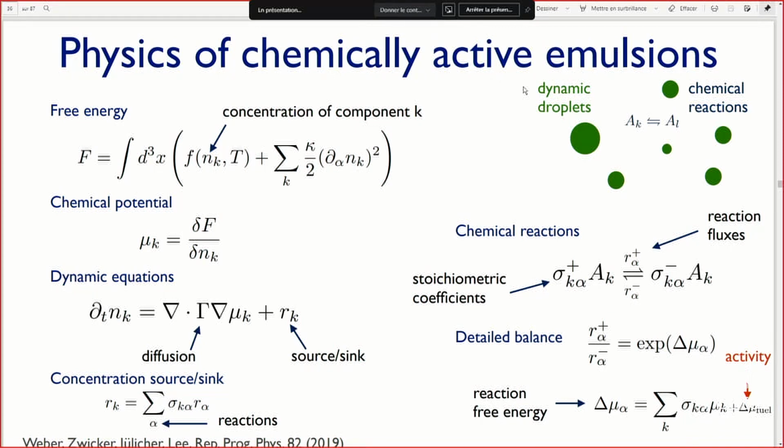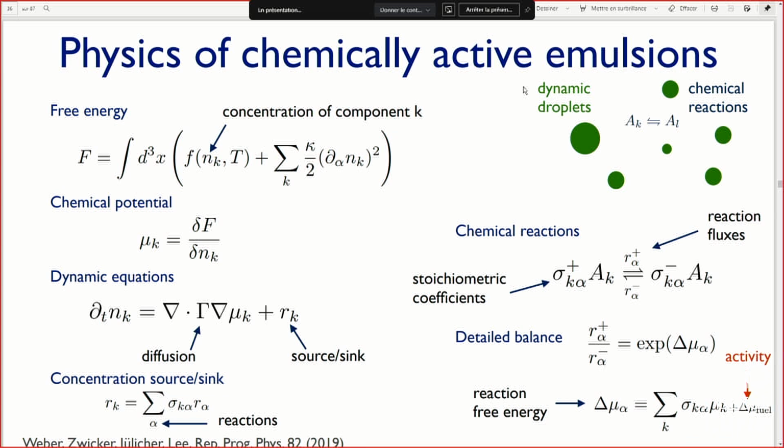What is often useful is to drive these systems out of equilibrium in the sense that we use, for example, ATP as a fuel. We don't care about where it comes from and where it goes. We just assume there is a maintained concentration. And we can describe the system by focusing only on the concentrations of interest and leaving out the fuel as a variable. This amounts to adding active contributions to these reaction free energies.